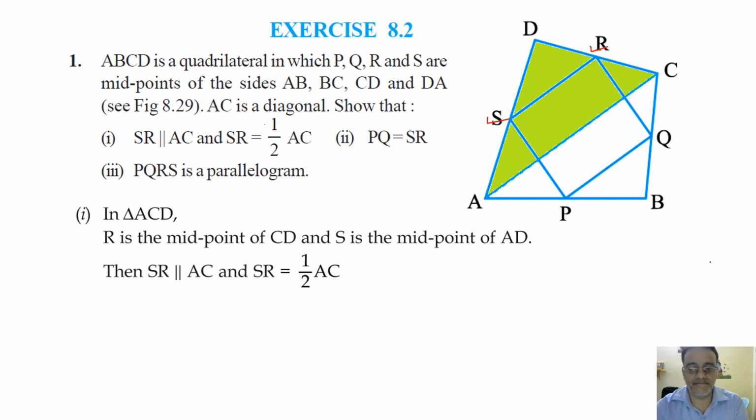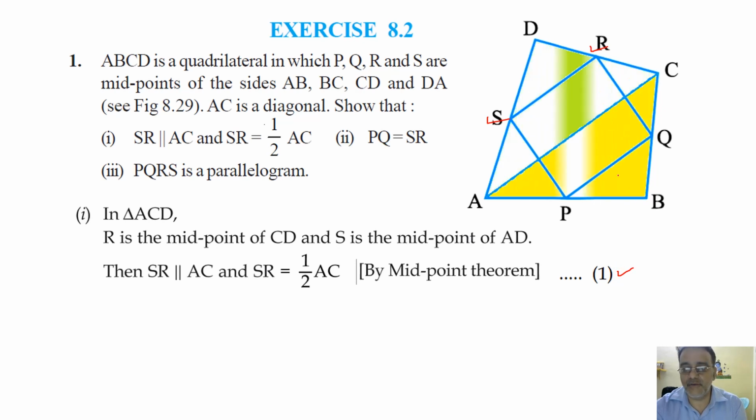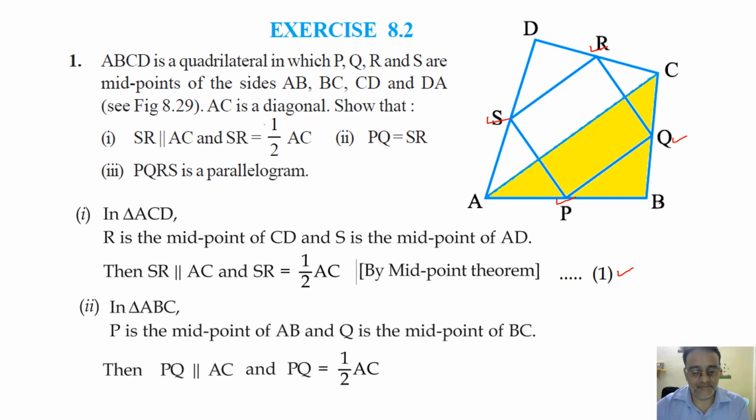Any doubt here? So let it be equation number 1. Similarly, now we are going to take triangle ABC. P is the midpoint of AB and Q is the midpoint of BC. So by midpoint theorem, PQ is parallel to AC and PQ is half of AC. Right? So let it be equation number 2.